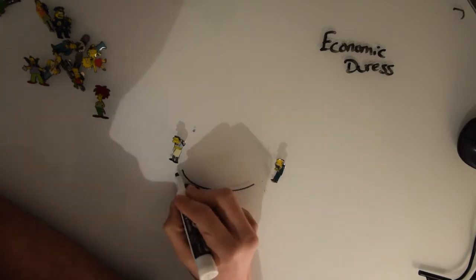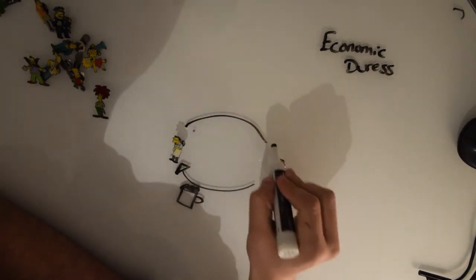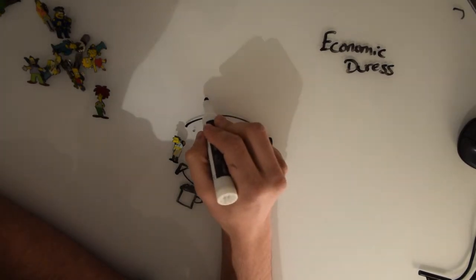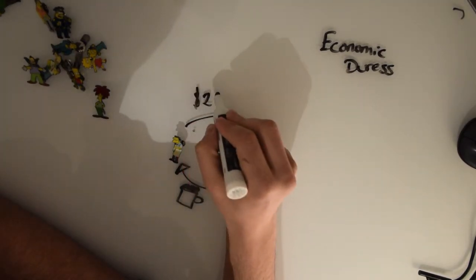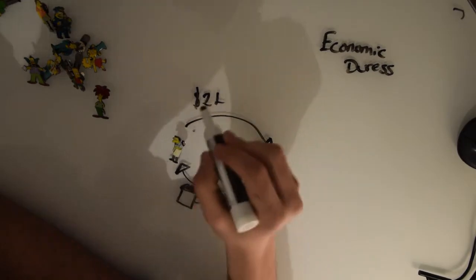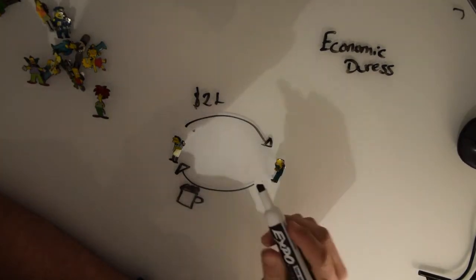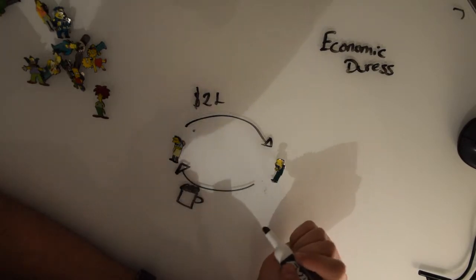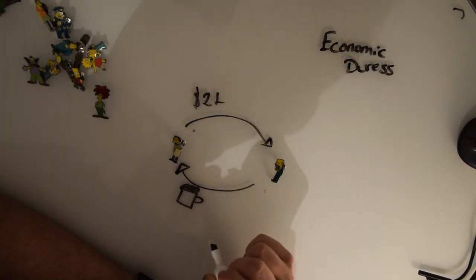And in return, Mo pays $2 a litre. So let's say that this contractual relationship goes on for quite a while, and after a year, let's say Mr. Burns wants more money.